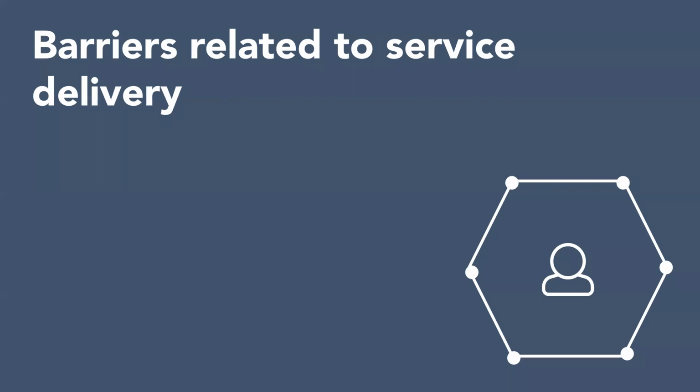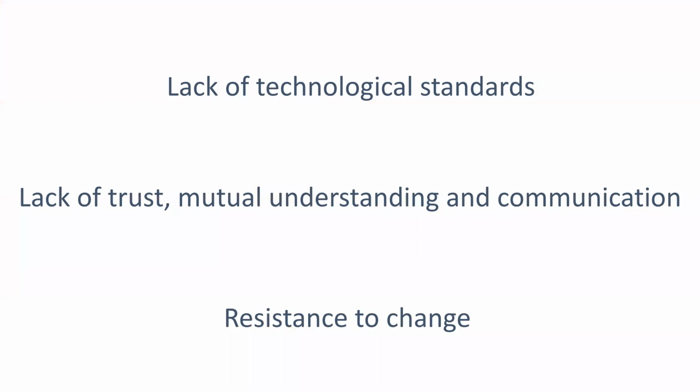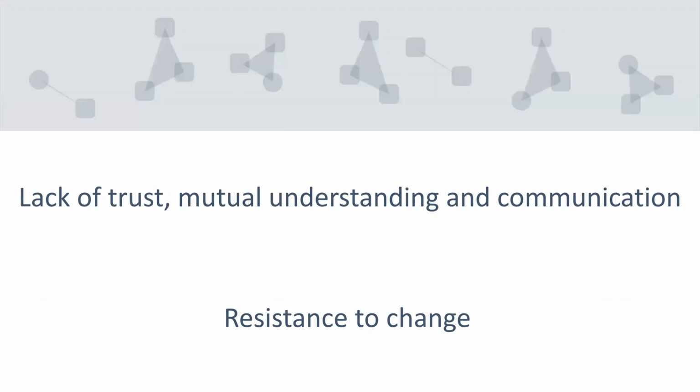Now we will look at the barriers related to service delivery. Collaboration that requires the use of common IT infrastructure faces formidable challenges with regards to the lack of interoperability. The existence of different IT systems typically complicates data exchange and can act as a barrier to interorganizational collaboration.